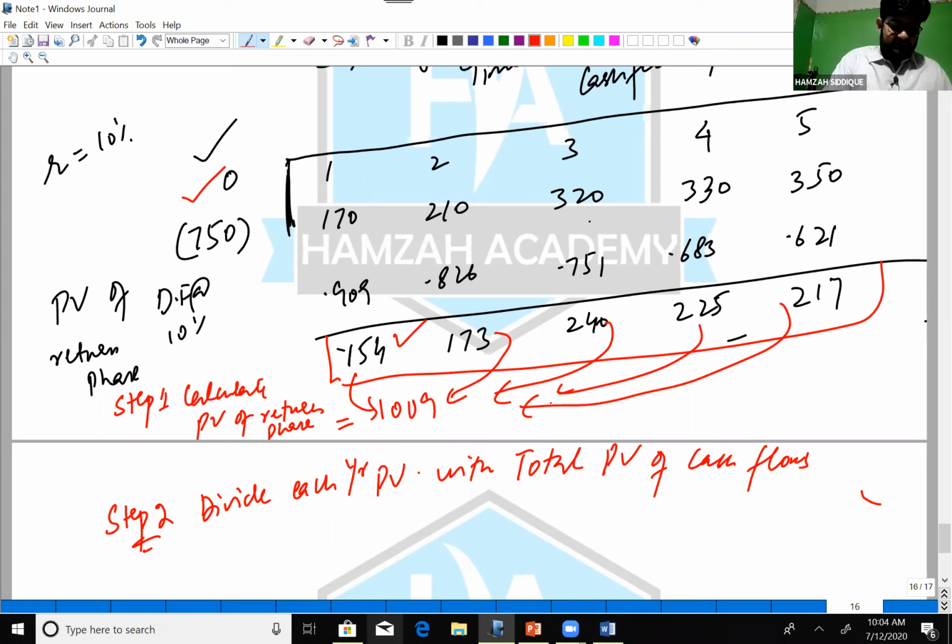So now, just see here. 154 divided by 1009 is 0.153. 173 divided by 1009 is 0.171. 240 divided by 1009 is 0.238. Then 0.223.